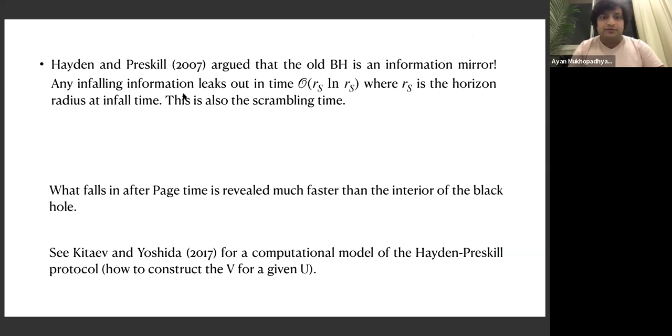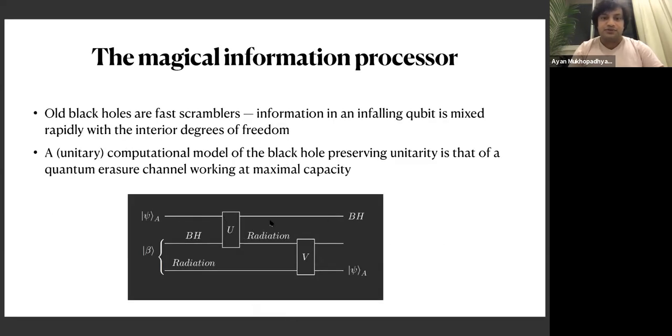And any infalling information will leak out in a time which is of the order of R_S log R_S, where R_S is the Schwarzschild horizon radius at the infall time. And this also should be the scrambling time. This is because in the same time that this bit gets scrambled, you should be able to operate this V to get the information out.